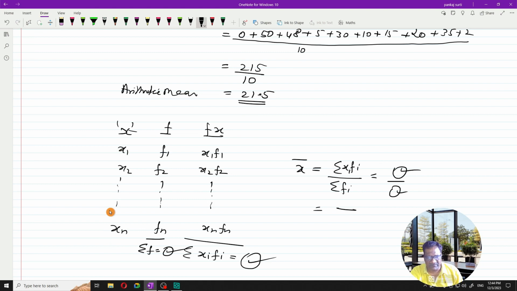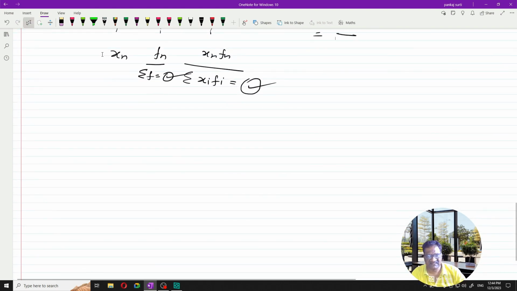So I'll give you one more example of this type where you have to find out the mean, and I'll wind up this session, and in the next session we'll start doing some problem solving.